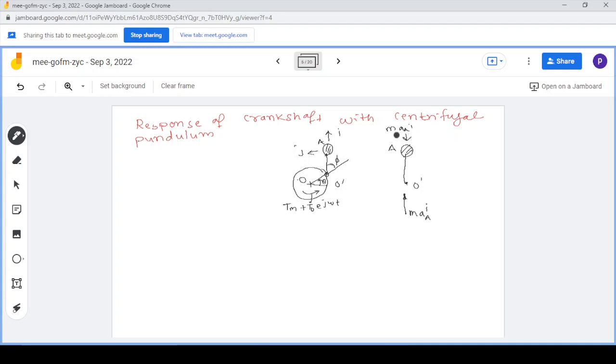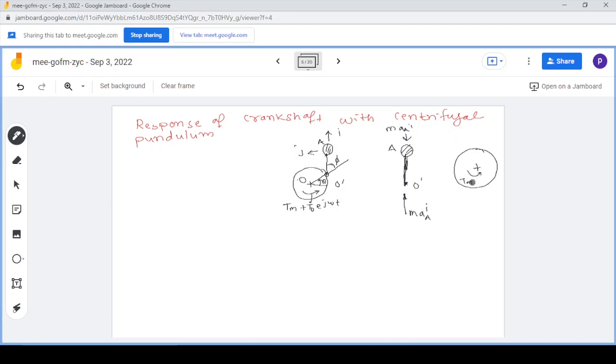So the opposite inertia force will act on the point A. This is the arm of a pendulum, right? And let us draw this torsional pendulum without the centrifugal pendulum. This is the angular velocity.